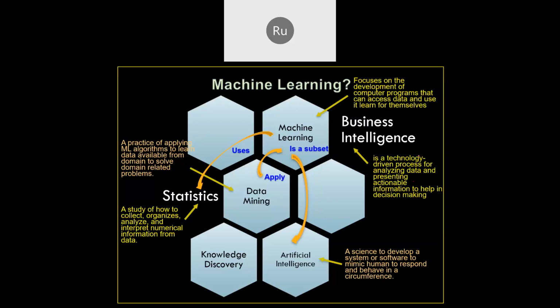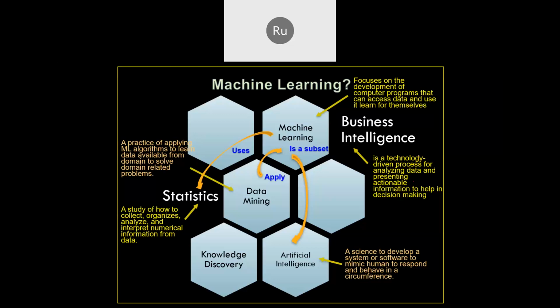So business intelligence is actually a concept in which we use intelligent technology to analyze our data for decision making. Okay. So in order for us to extract new knowledge, we use machine learning, right? In machine learning we apply statistics, and this machine learning is used in data mining.